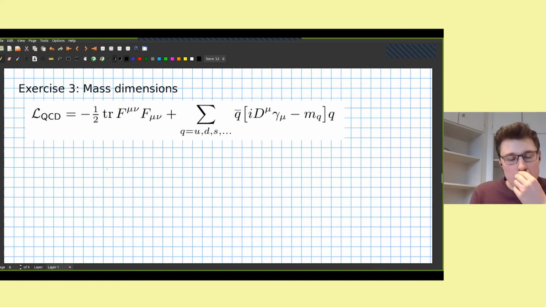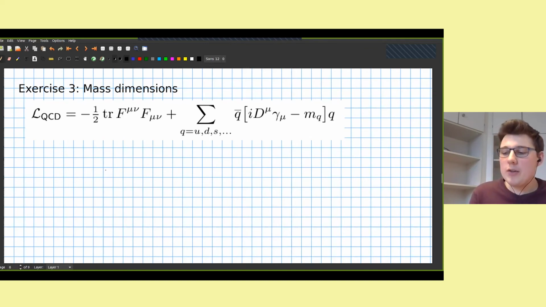Okay, so in dimensional regularization, many dimensions get shuffled around. So we are not allowed to say from the beginning, for example, that the mass dimension of the quark field is still 3/2. There's simply no good reason to assume that.